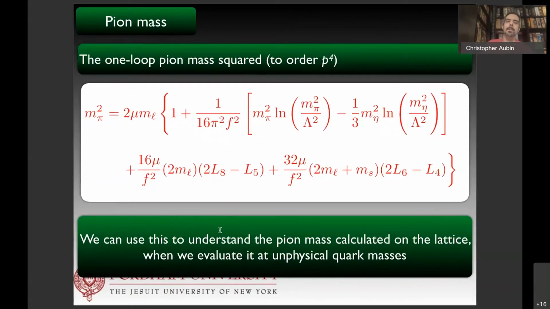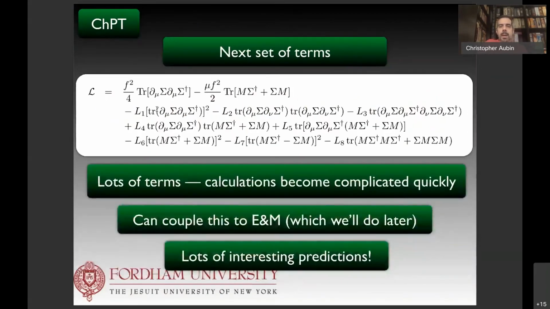So for example, let's say we want to look at the pion mass squared beyond that term that I just showed you, that 2 mu m term. Okay, so that's what this one looks like, 2 mu, and I'm writing this as m sub l for the light quark mass. You actually get this more complicated expression. Now this is using all of these terms here in this box that are non-zero.